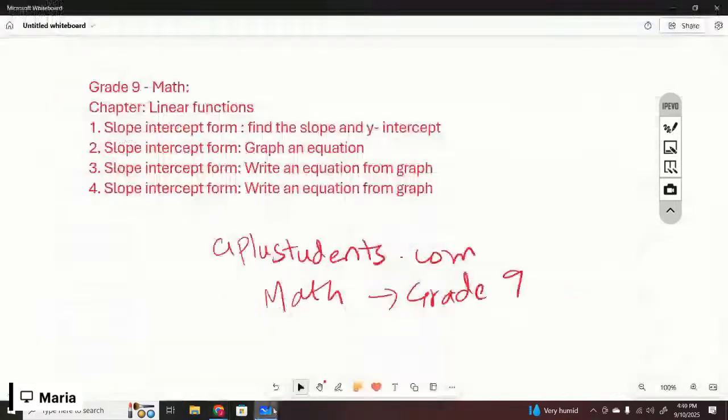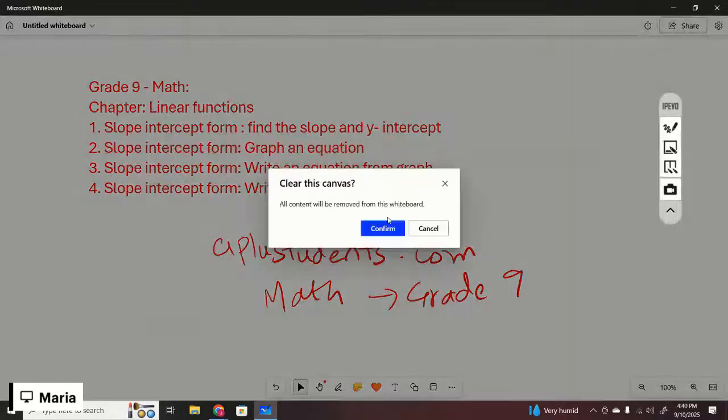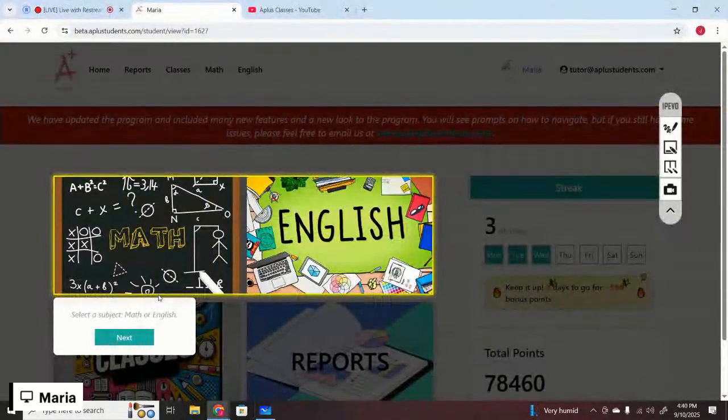The lessons we have covered today are slope intercept form, find the slope and y-intercept, slope intercept form graph and equation, slope intercept form write an equation from graph, and slope intercept form write an equation from table. So please make sure before the next session you complete all the test questions for the lessons we just did.